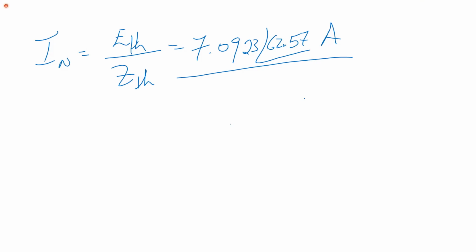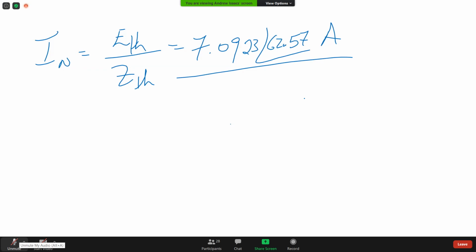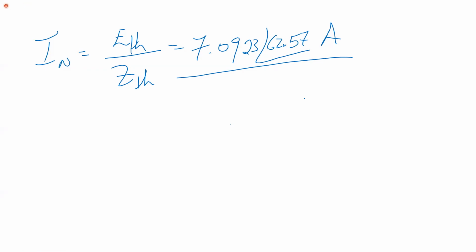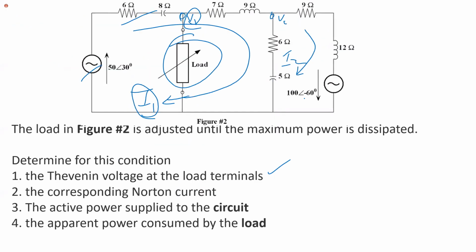Now, the next part of the question is where I think several persons may not have really understood what was being asked. The question asks for the active power supplied to the circuit.